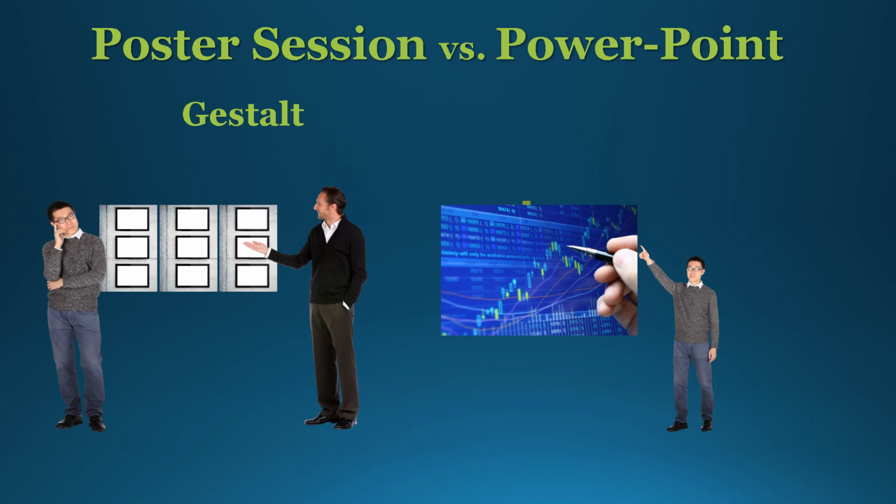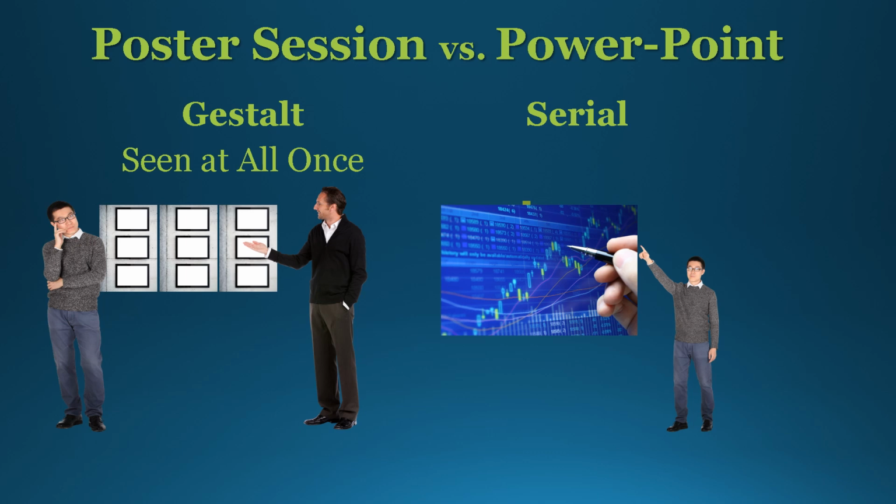We try and organize so that the audience will look at it in an order. We put numbers on, we put them in columns, and we hope that they will follow the column. But it is overall a gestalt situation where you can see it all at once. On the other hand, a PowerPoint presentation is entirely serial.